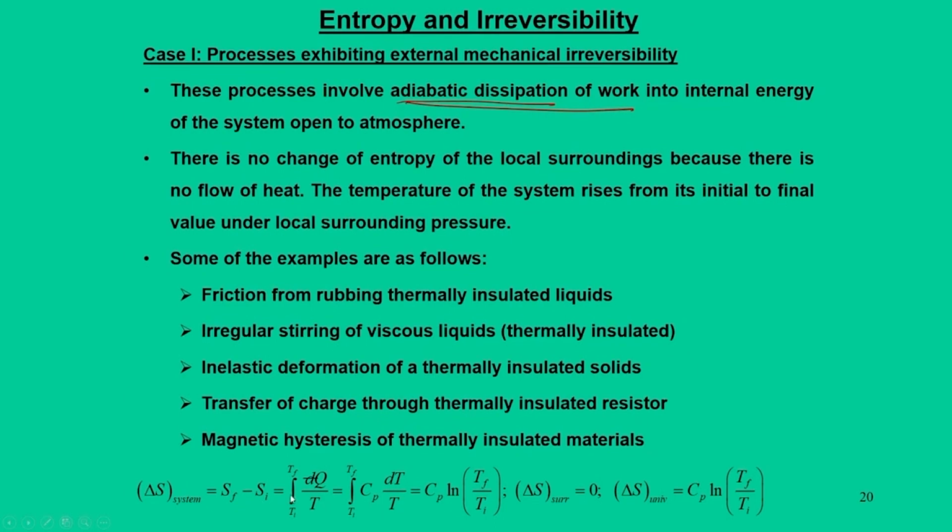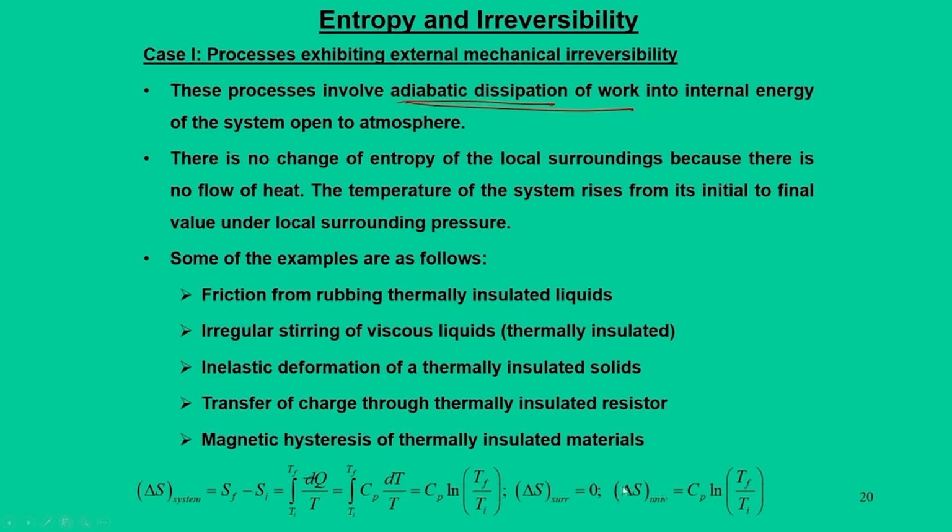So, we can calculate delta S of the system as Cp times ln Tf by Ti, and delta S of the surroundings is 0, because since the process is adiabatic, there is no flow of heat to the surroundings.